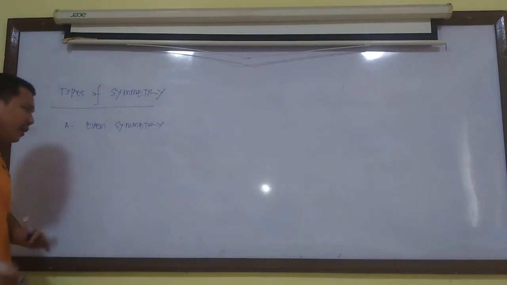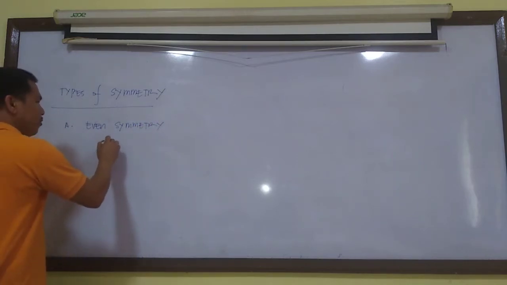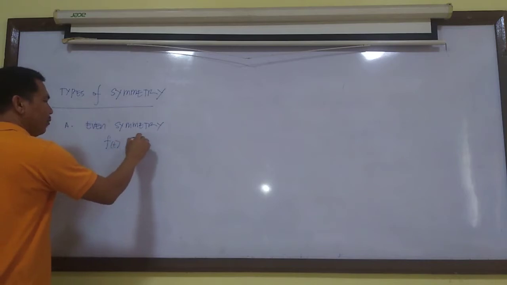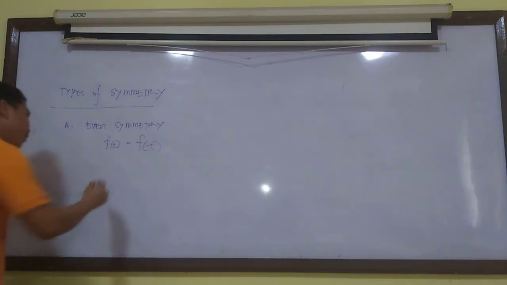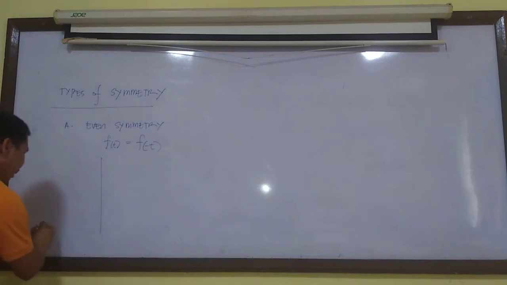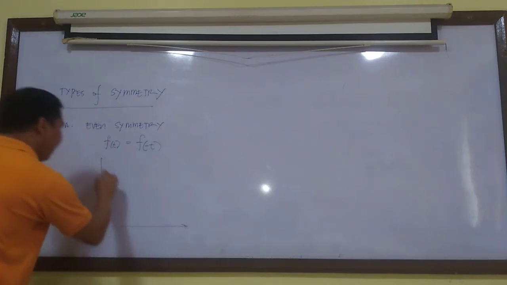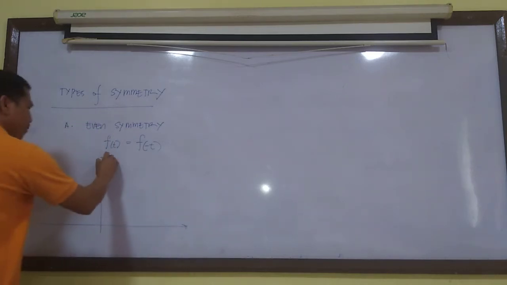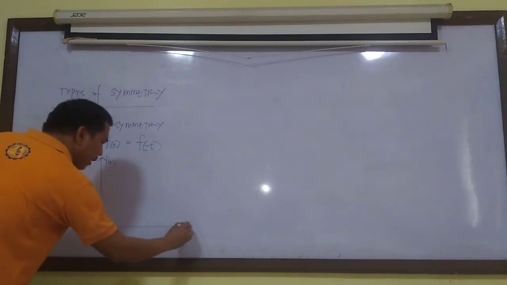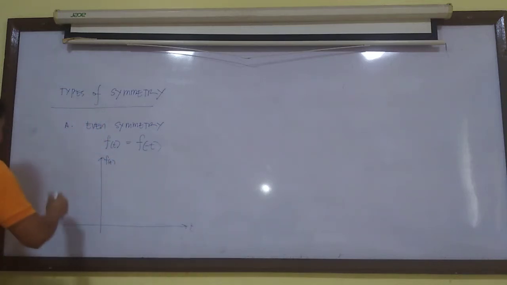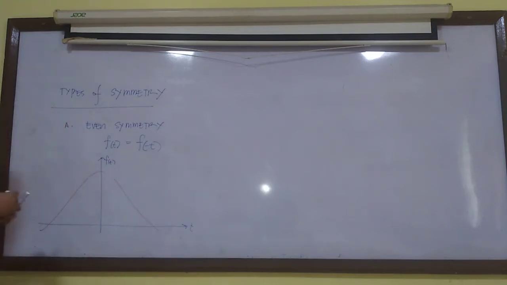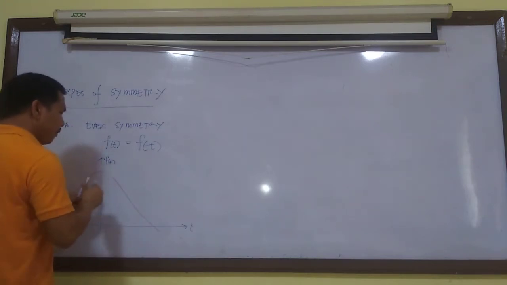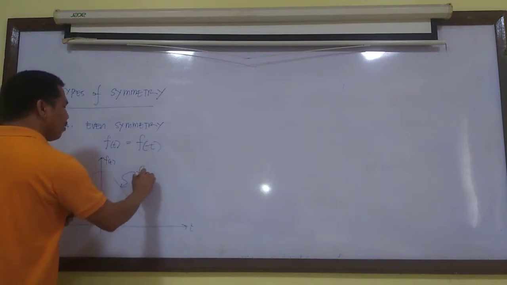Even symmetry is when your function of t is equal to the function of negative t. If I'm going to represent that as a graph, this will be your function of t, and this will be your time. Let's say this is your graph, and let's label this as your function of t.